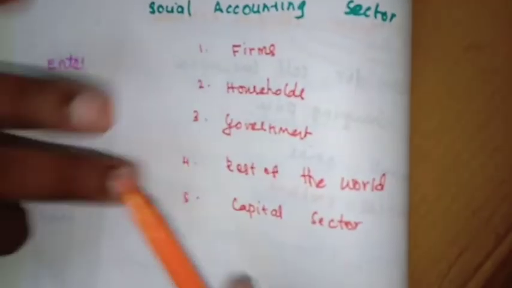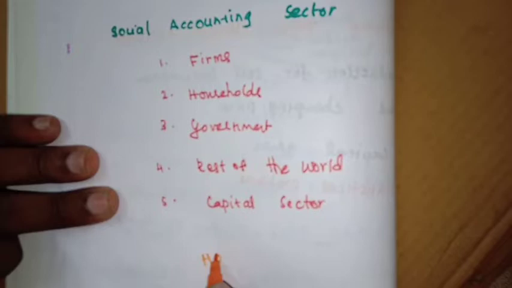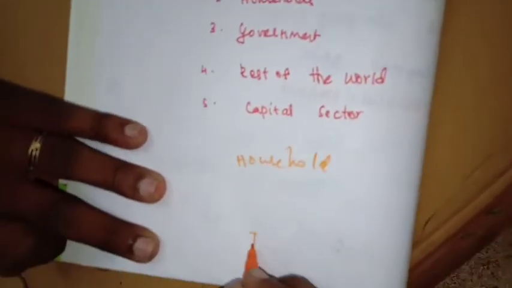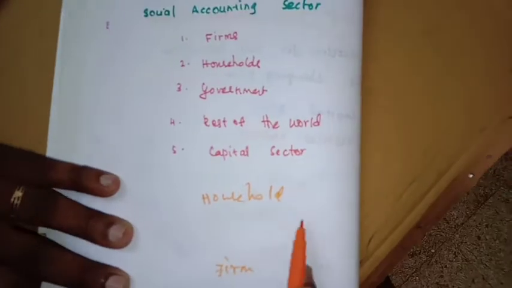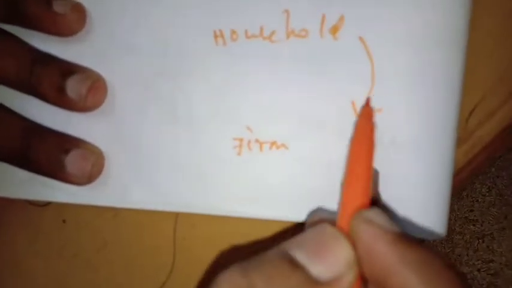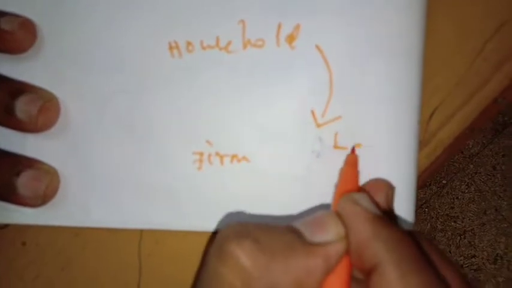For example, household and firm. The households provide the factors of production to the firm, like land, labor, capital and organization.